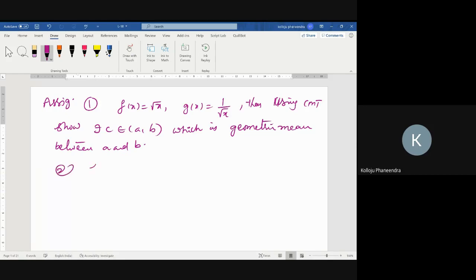Same, second one: f of x equals 1 by x square, g of x equals 1 by x.